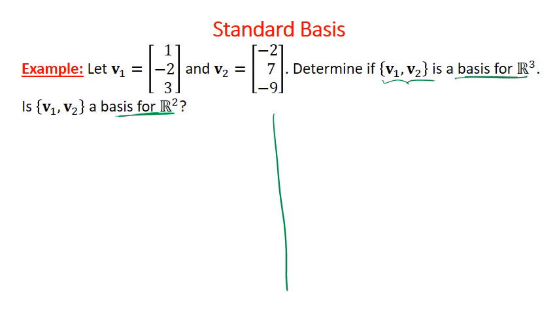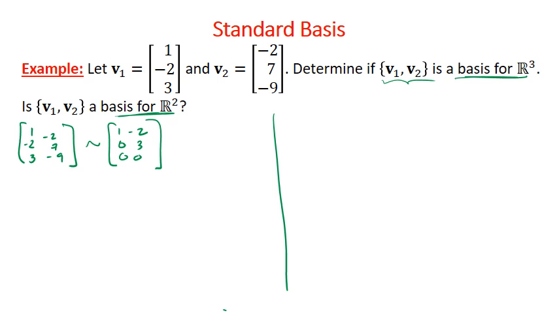So what we want to do is consider the matrix whose columns are the given set of vectors, so this matrix here. And if we row reduce this, now we certainly don't have to, but if we do row reduce this, we end up with this.